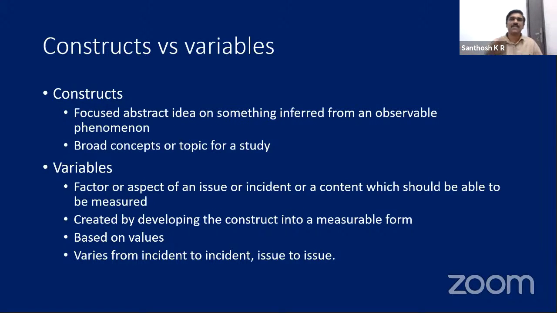Now, when we go for research, we would like to measure the construct in the way that we experience it. When we start measuring the construct, we'll understand that it keeps changing. Parental warmth will change from time to time. No? Always the parent may not be providing the same warmth to us.